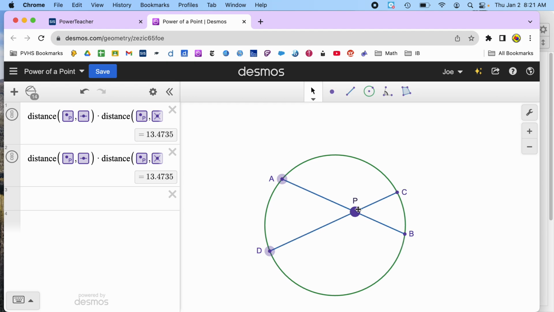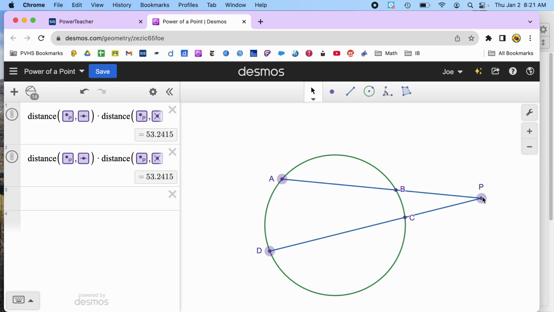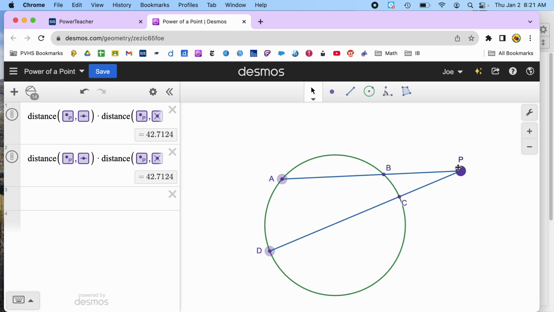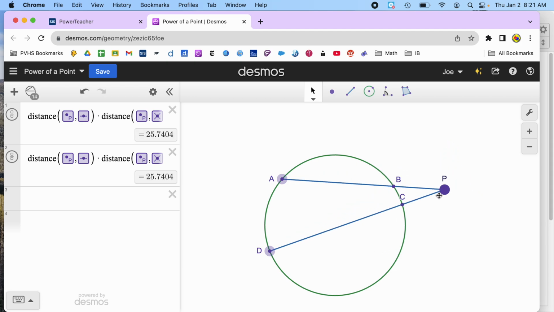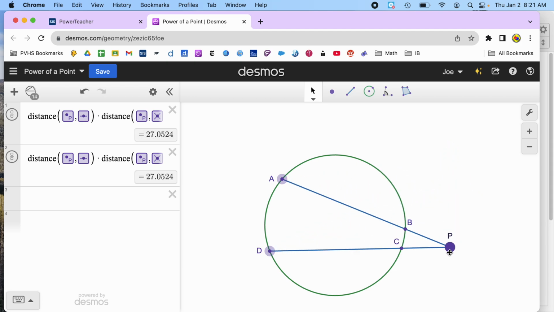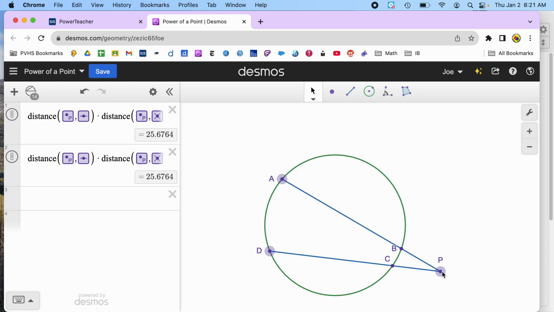Let's drag point P outside the circle, and look what happens to those distances. Now the distance is 53.2415, and the other one is exactly the same. This is pretty cool. And again, no matter where I put point P, those 2 products are always the same. And that's the power of this point.